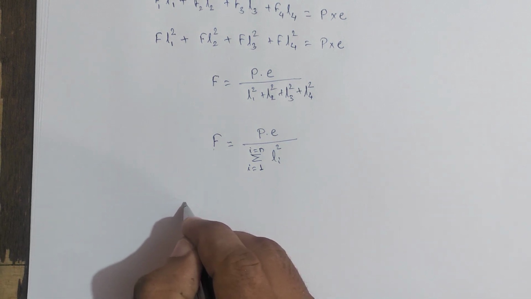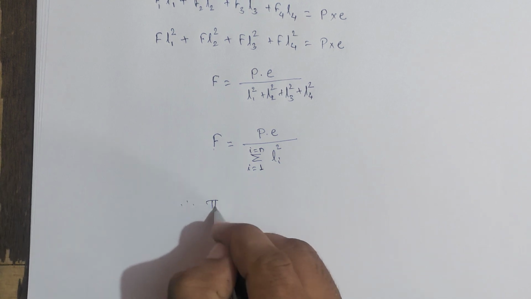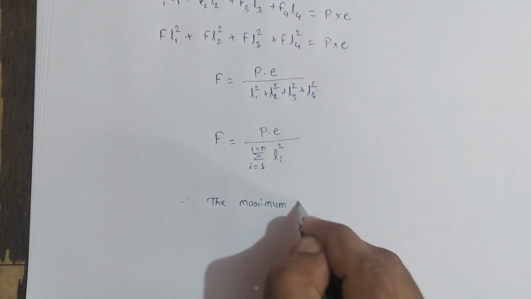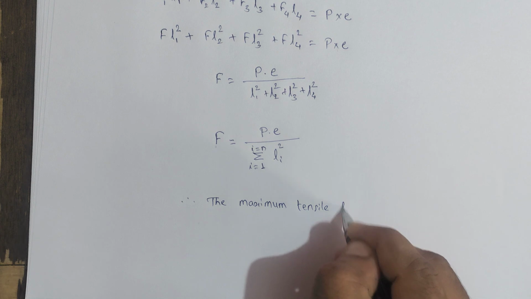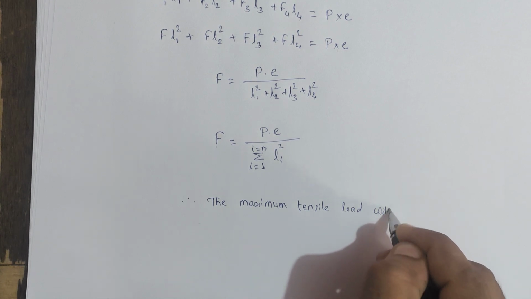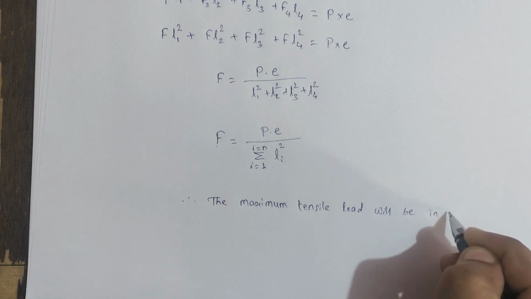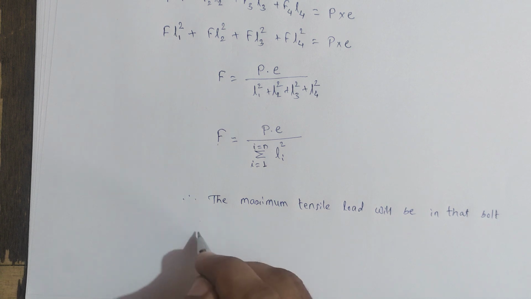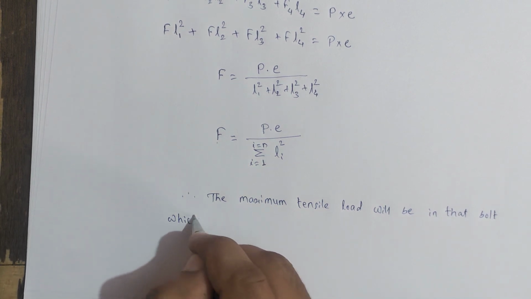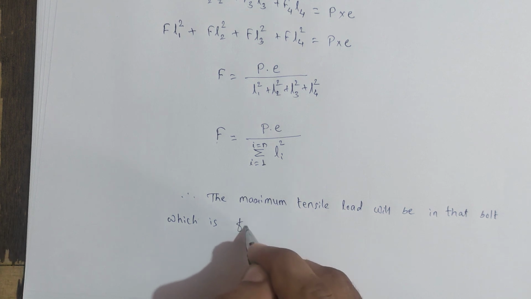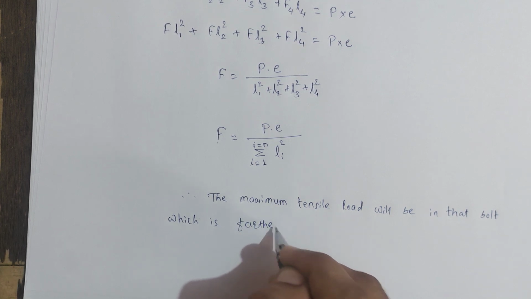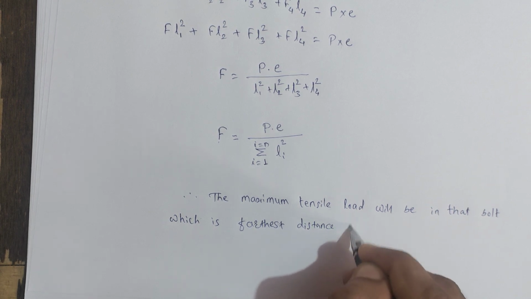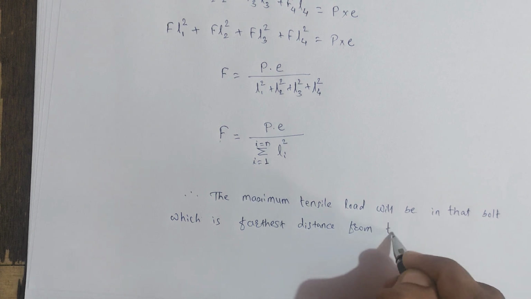So therefore we can write, maximum tensile load will be in that bolt which is at farthest distance from the tilting edge.